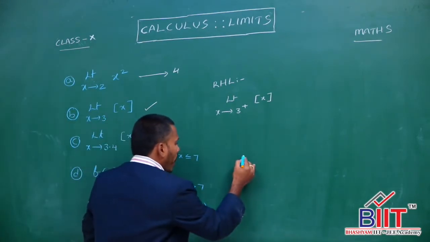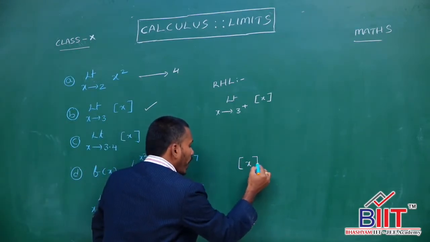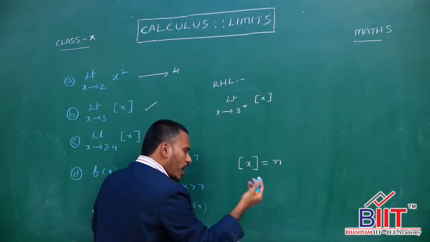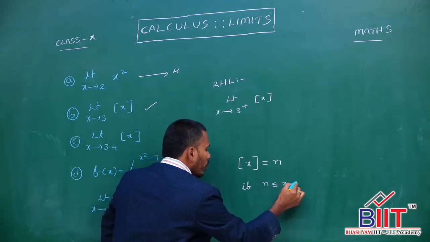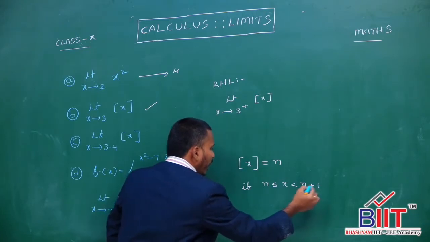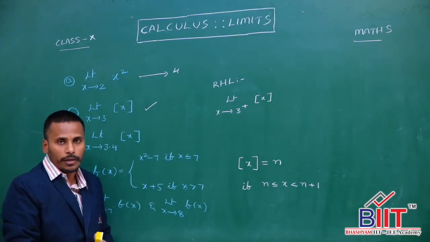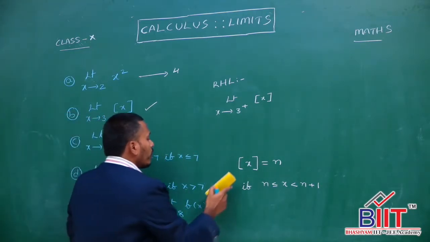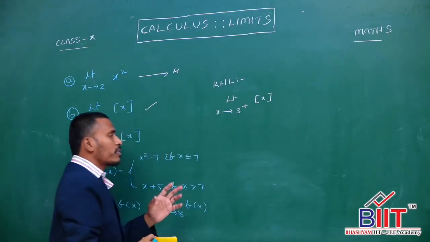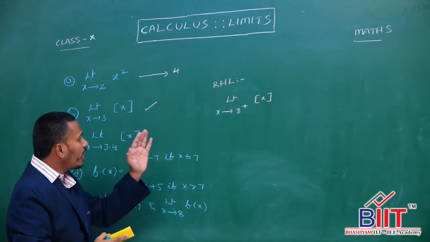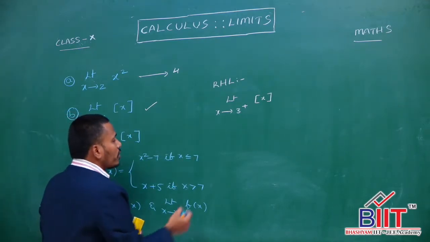Once again, I am just revising: step x value is always an integer and it is n if the value of x is in between the integers n and n plus 1. This is the definition of step x, right. And the problem now is finding the limit value of that step x at 3, as x tends to 3 plus, which I am going to discuss.